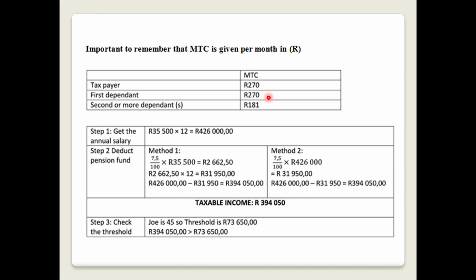Then the first dependent, remember I told you the first dependent can be the wife, or a child, or anyone that he pays for. And then the second or more dependents. So for himself, 270, first dependent 270, and all the other dependents 181. These medical tax credits are per month.